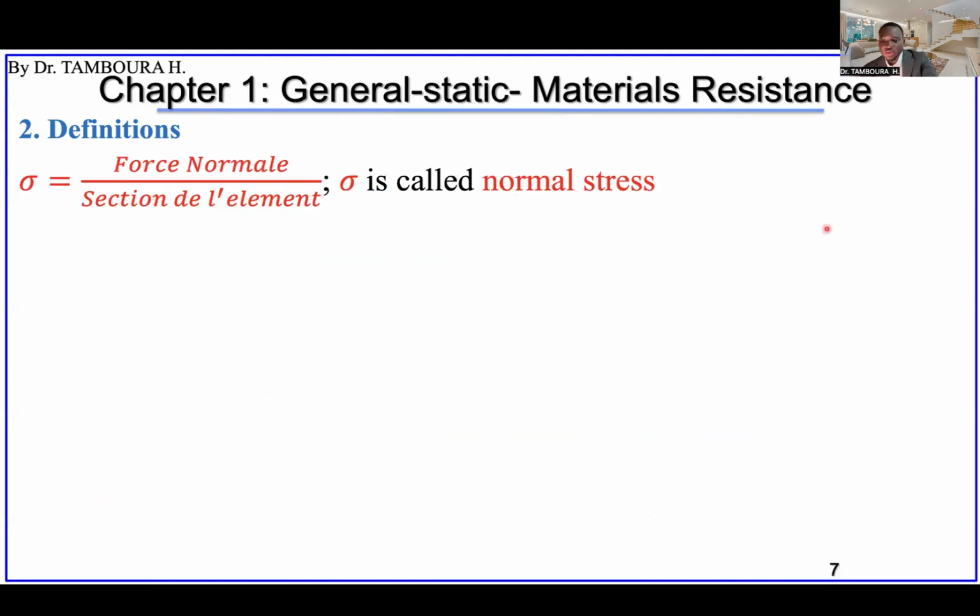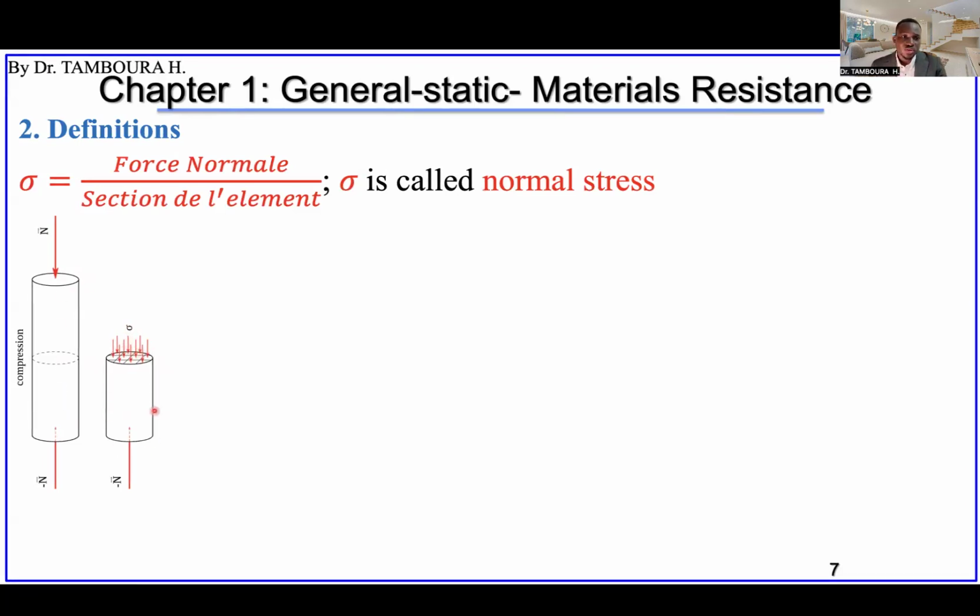Here is an illustration. You see this element, it can be a column or anything else. This force is coming on this element, and if we do a section inside, we divide the normal force coming on this section by the area and we get sigma, the normal stress.